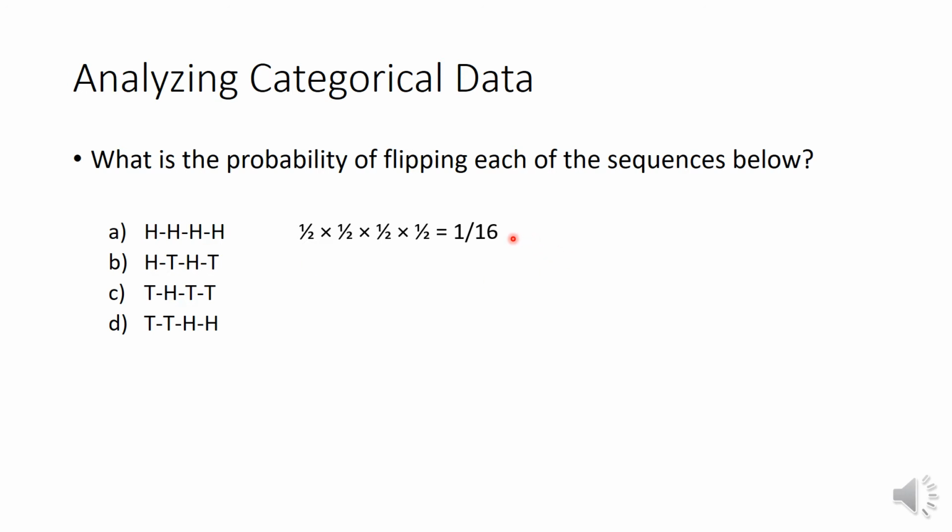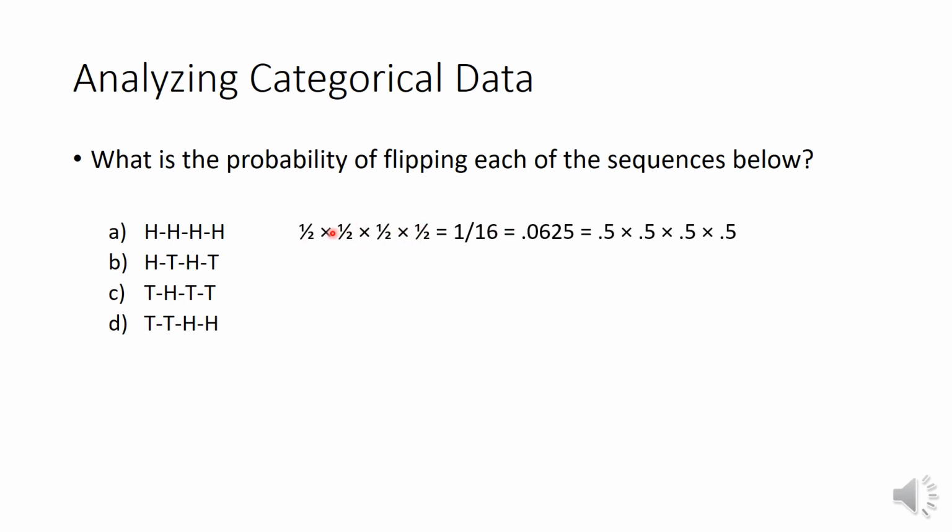Another way is, okay, so 1 out of 16, if you put that in your calculator, that equals 0.0625. So another way is just multiplying not the fraction, but the decimal that represents it. So 0.5, that's 50%. What's 0.5 times 0.5 times 0.5 times 0.5? That's going to be 0.0625, the exact same thing that we got when we multiplied the fractions together.